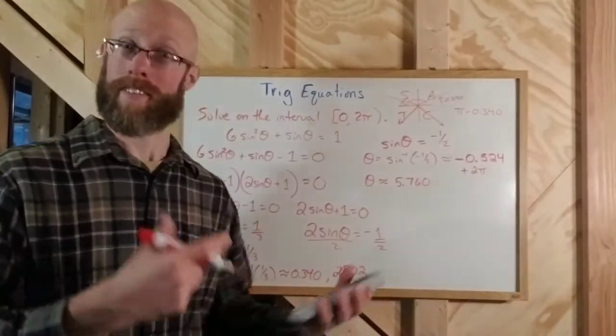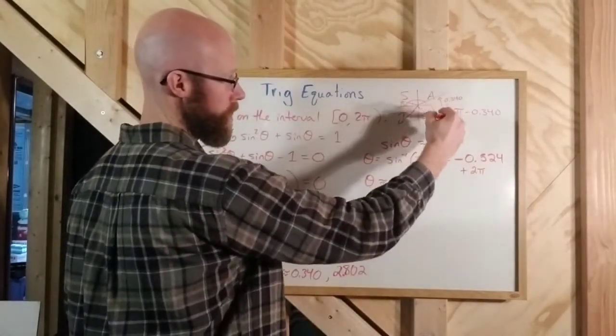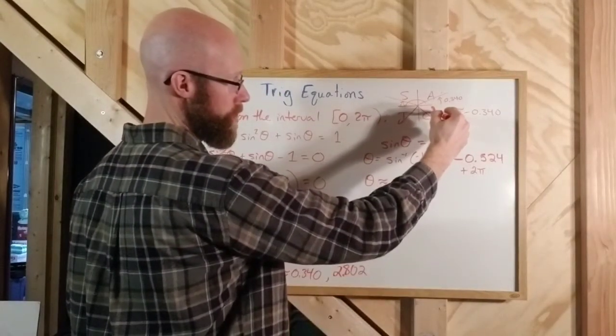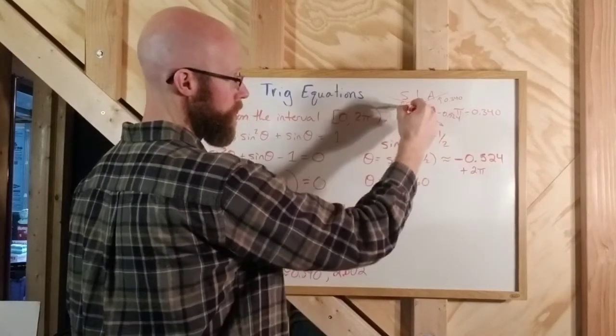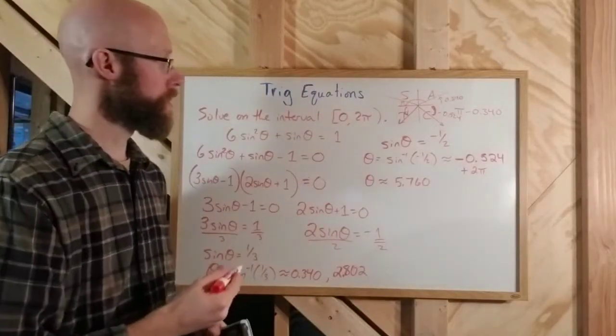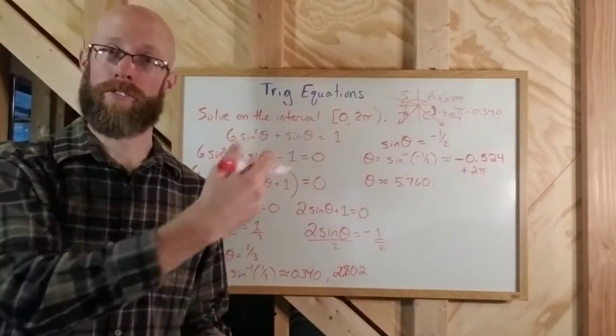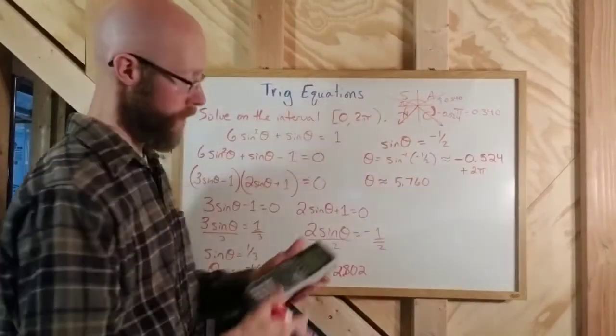Oh my goodness, this is a little bit confusing. So if this angle here is negative 0.524, then the angle down this way is also 0.524 further than pi. So you go around to pi and then keep going.